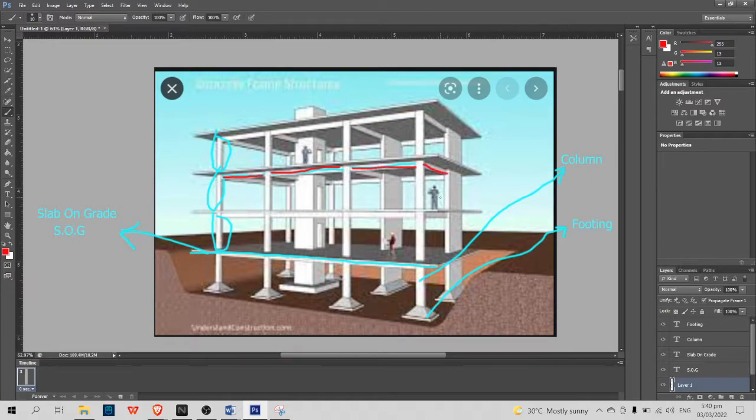Of course, the component that is attached to the beam or supported by the beam, itong nasa loob na ito, it's what we call the slab, or in some books they call it suspended slab kasi nga nakasuspend siya, nakaangat. Okay? And then yung makikita nyong shaft na ito is sometimes what we call a shear wall.